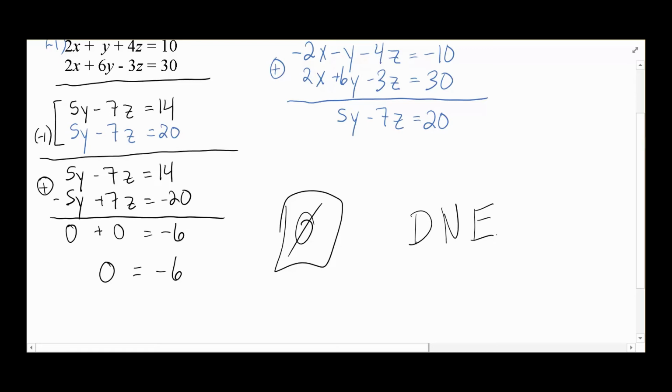So basically, if we would have got something like 0 equals 0 up here, then we still want to find the second equation. Because if the second equation is 0 equals 1, then the answer would be no solution. Because no solution trumps infinitely many solutions. But if we got something like 0 equals 0 and 0 equals 0 there, then we know that that's going to be infinitely many solutions.